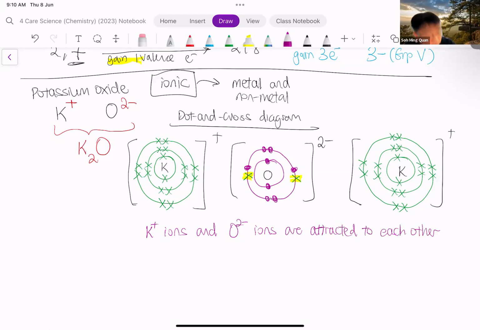K+ is attracted to O2-. How? This is called a strong electrostatic force of attraction between the oppositely charged ions.